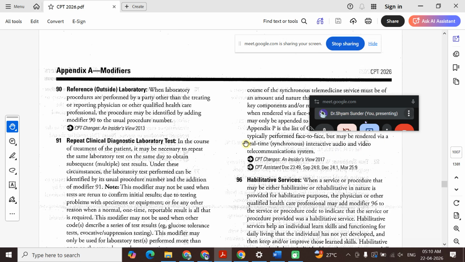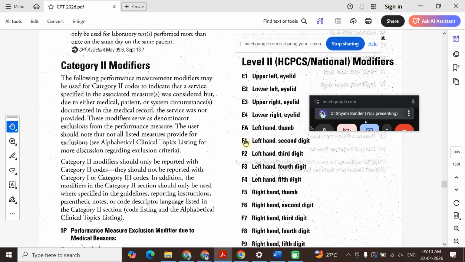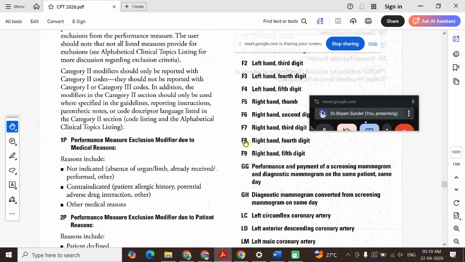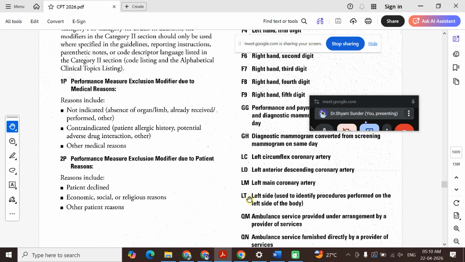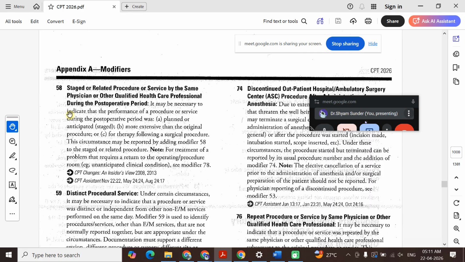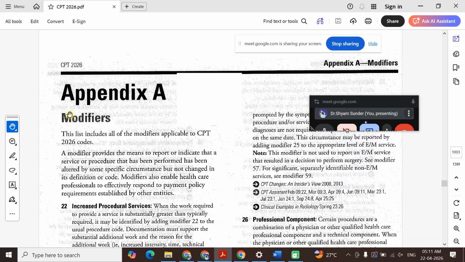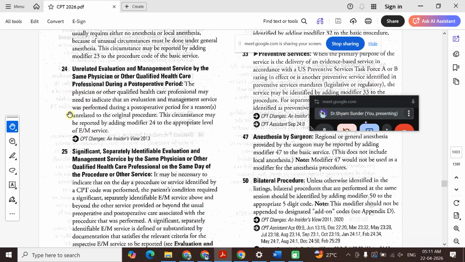So we have modifiers for laterality also. LT is the left side, and similarly, RT is for the right side. In case this procedure is done on both sides, we have modifier 50, bilateral procedure.